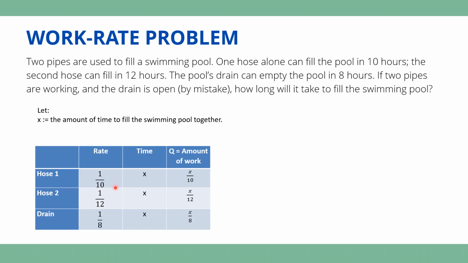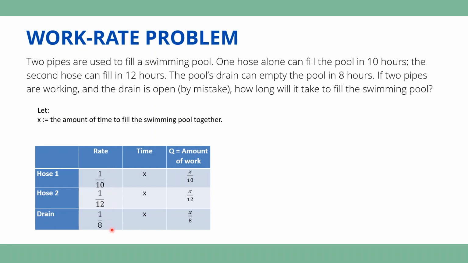While for our second host, kaya niya mag-fill ng 12 hours, so ang rate niya per hour is equal to 1/12. Ganun din naman si drain. Yung drainage niya, may 8 hours siya to drain or to empty the pool, so ang rate niya per hour will be equal now to 1/8.